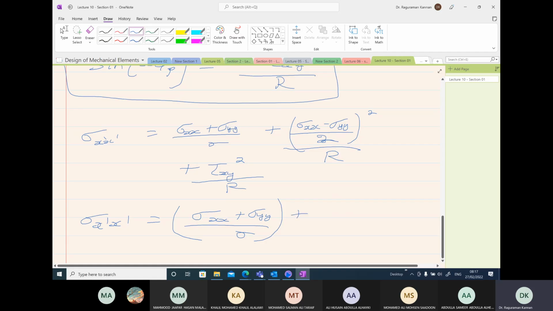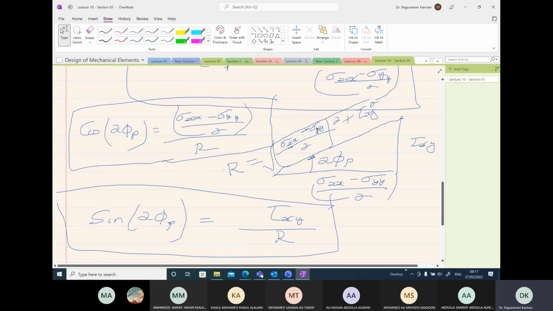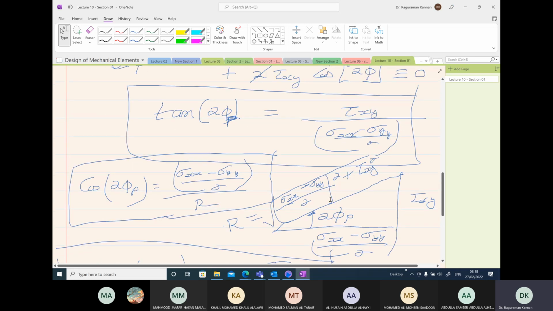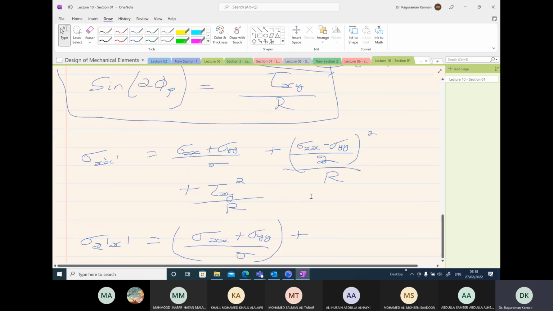On the numerator, you can clearly see this term. What is r? If you take a look at r, it has this square term plus tau xy square term. And in the numerator, you can see this square term plus tau xy square, and the numerator is nothing but r square, taking these two terms together.